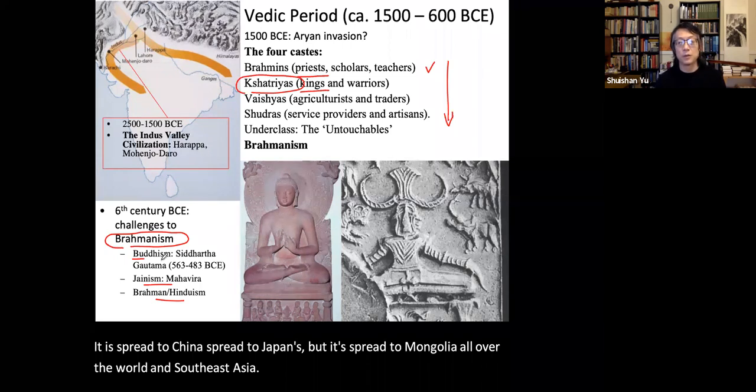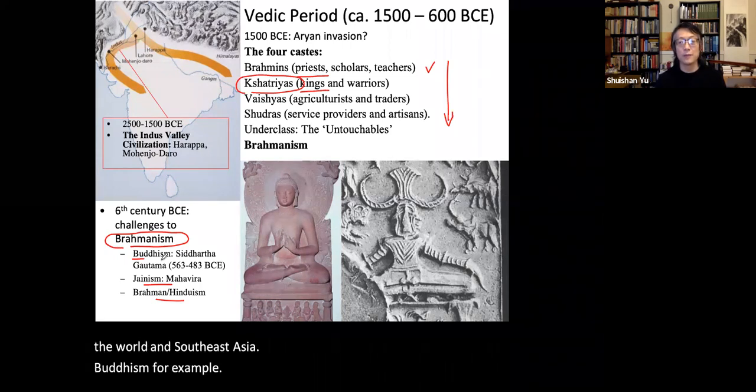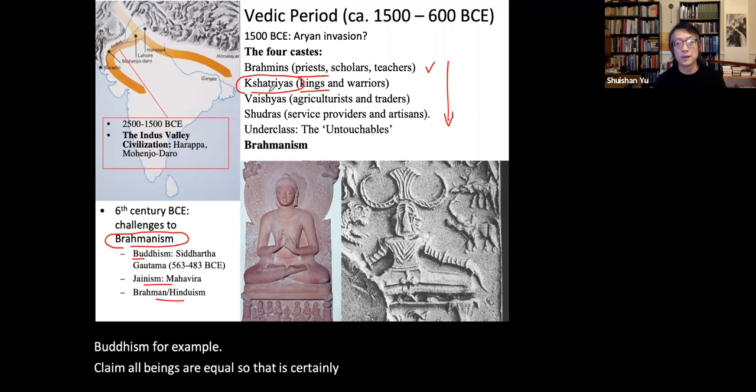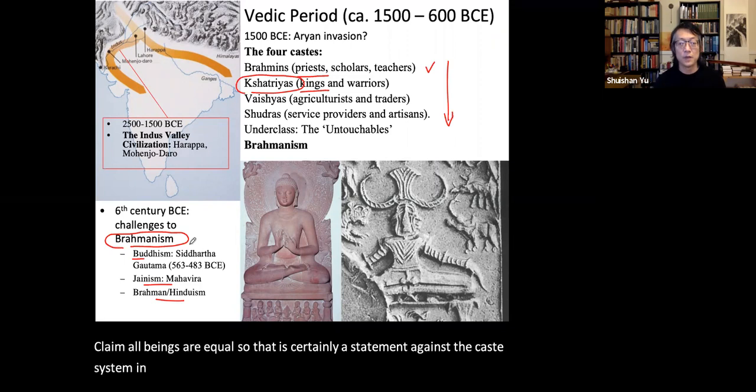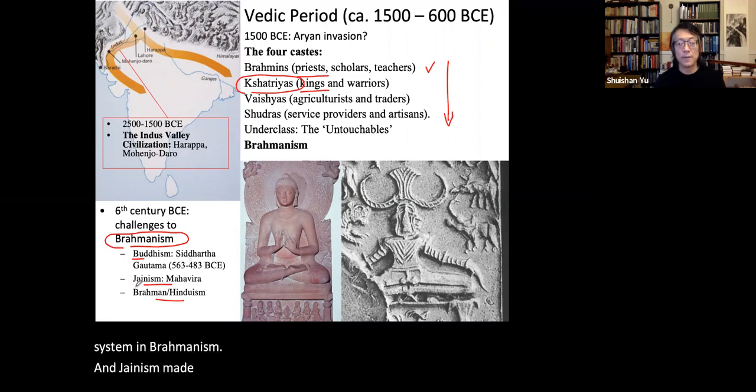Buddhism, for example, claim all beings are equal. So that is certainly a statement against the caste system in Brahmanism. And Jainism made a similar claim.